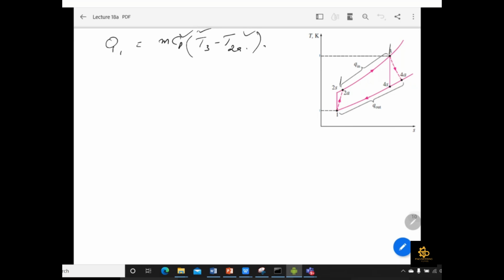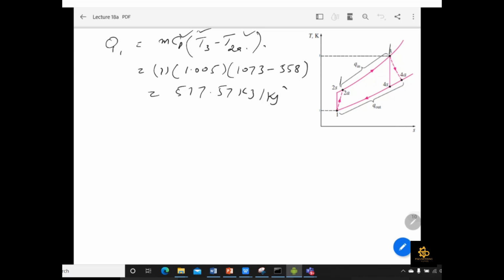So you can put the values, 1073 from the question, and 558 from the previous part. Using this relation, it turns out to be 517.57 kilojoule per kg.